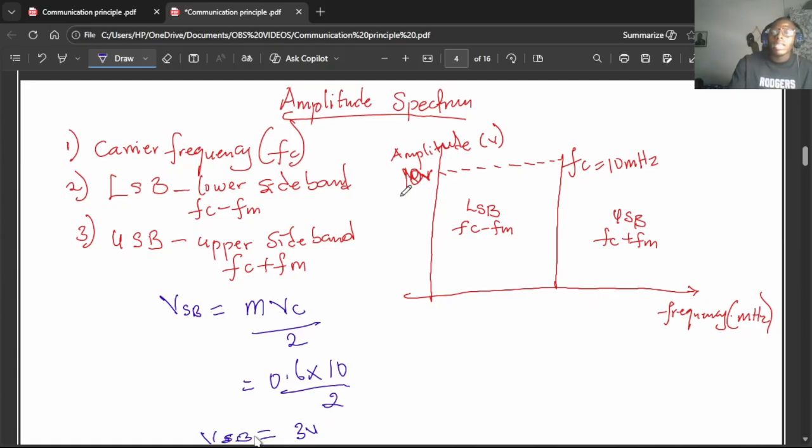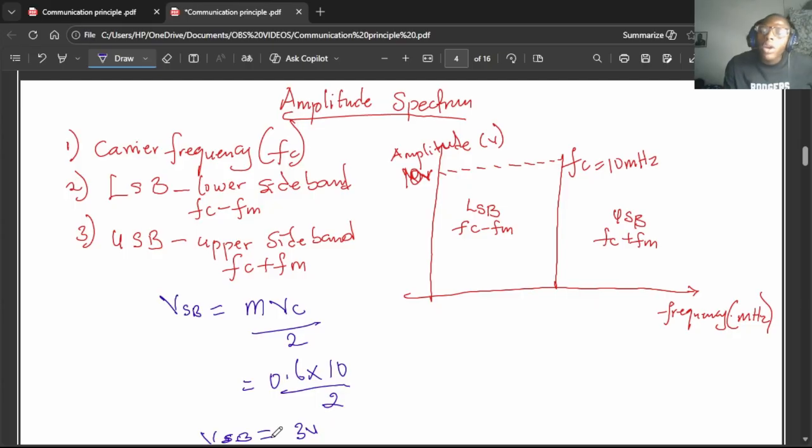Am I communicating? Now, from what we have here, you've already gotten the voltage, the amplitude for your sideband. Now remember, what we calculated was the amplitude for sideband. We did not calculate the amplitude of the lower sideband and upper sideband. I said when you are considering the types of sideband, we are going to consider your lower sideband and your upper sideband. But if you are putting the two of them together, they are both sideband. So the amplitude you got was for both of them.